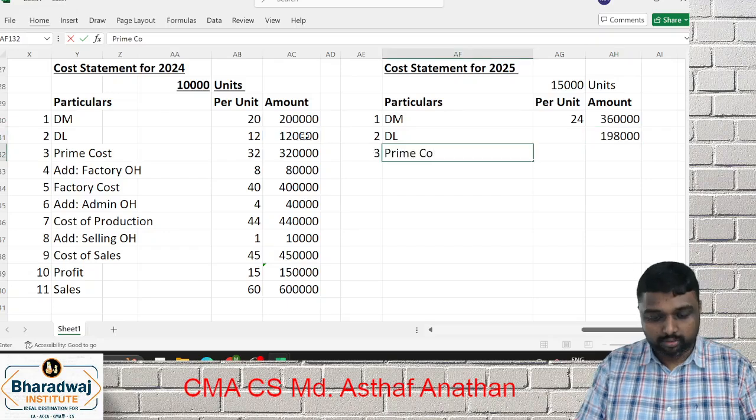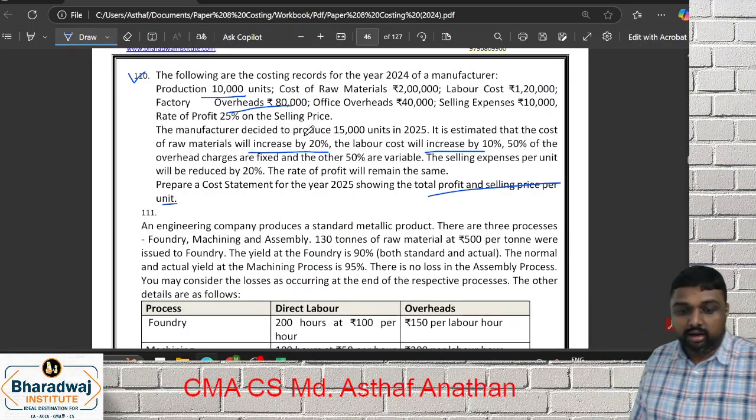Next, this is what is called prime cost. Now you have to add overhead. Overhead and all, there are a lot of adjustment charges. This adjustment question only will be given. They said 50% overhead are fixed, 50% are variable.